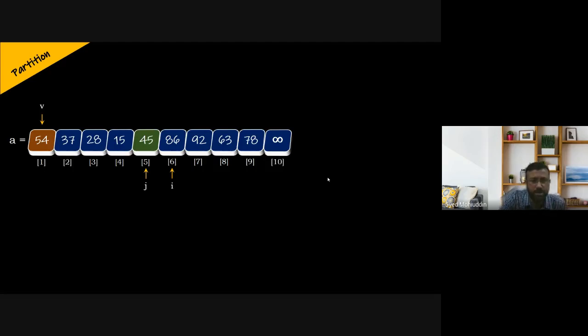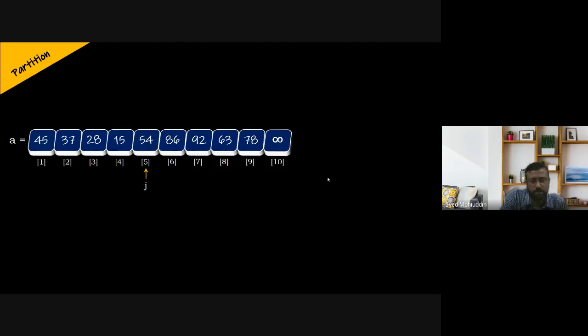When this is done, we swap the pivot element 54, the first element which we have selected as the pivot, with the element at j. So when we swap these two elements, 45 comes at first index and 54 comes at index j.